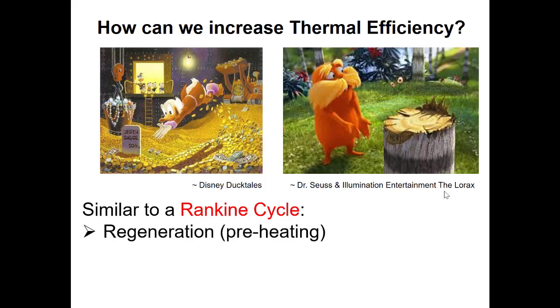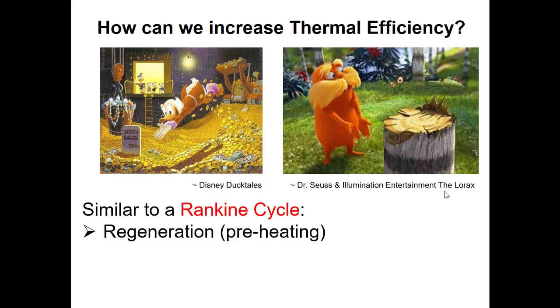We talked about regeneration in the Rankine cycle. If you remember, what we did with regeneration in the Rankine cycle was we split off some of our hot mass between a high pressure and a low pressure turbine, and we used that to preheat the fluid before it went into the steam generator. We can do something similar, although it's a little easier to analyze in Brayton cycles because we won't split the mass.